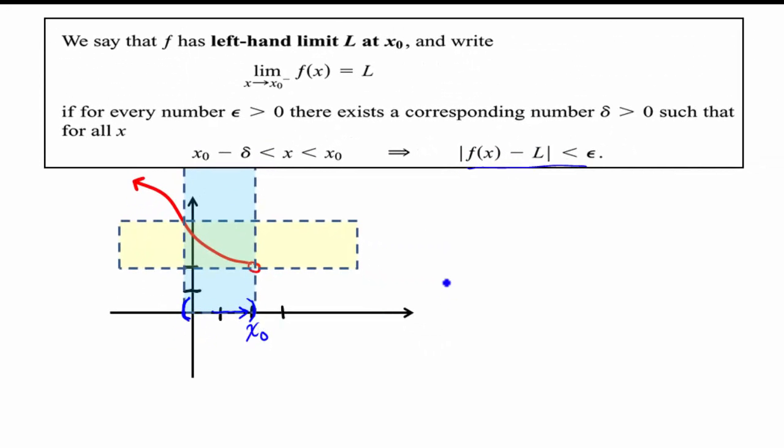It's the other end, so this is equivalent to having an open interval from x sub 0 minus delta all the way to x sub 0. So it's just the other half of the symmetric open interval that we've looked at before. Again, you're given an epsilon, and then you project down and find the corresponding open interval that contains one endpoint, x sub 0. But it's the same thing.